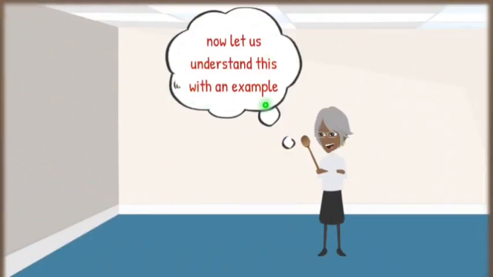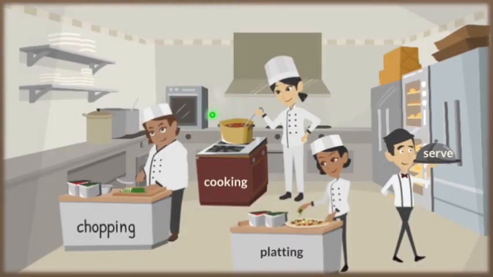Now let us understand this with an example of a busy kitchen with multiple chefs. In a multiprocessor system like a busy kitchen with multiple chefs, pipelining optimizes task completion. Imagine 3 chefs handling different stages: preparing ingredients, cooking, and plating.